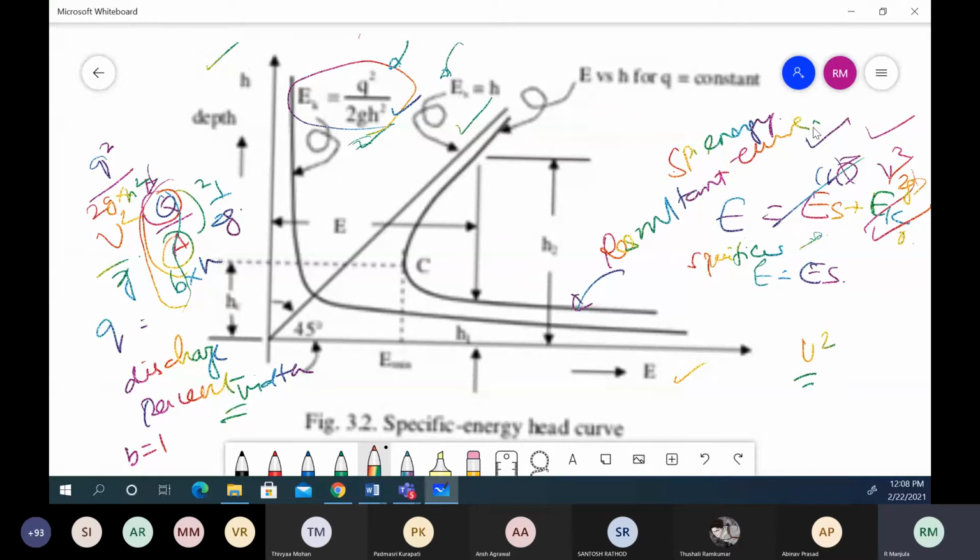Now if you see, there are two heads for each and every particular specific energy. Suppose for this specific energy, I am having two heads. This is H2 and I am getting one more head here.